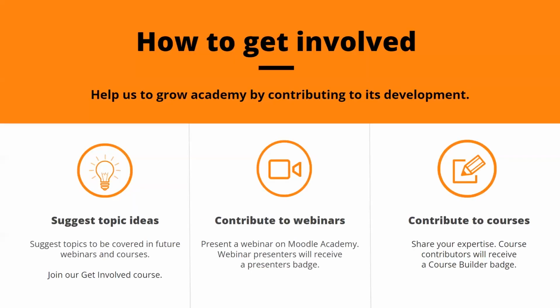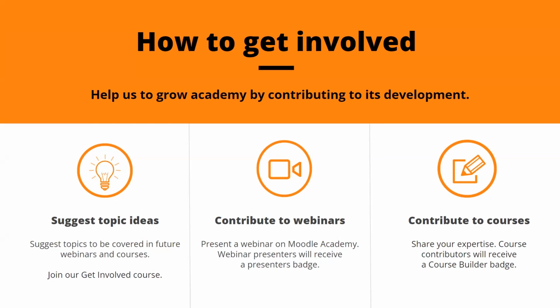I'm going to wrap up our session by saying a few words on how to get involved with the Academy and help us grow by contributing to its development. Being in the Academy, you can be an active member. You can suggest topic ideas to be covered in future webinars and courses.